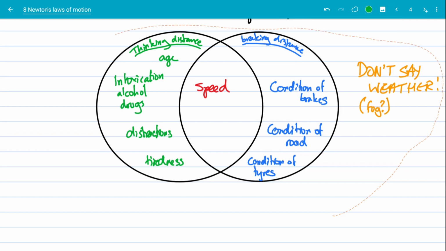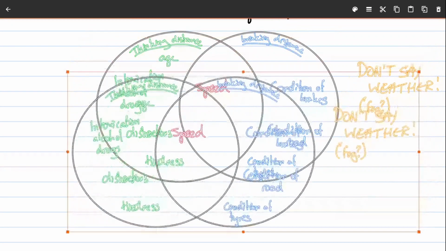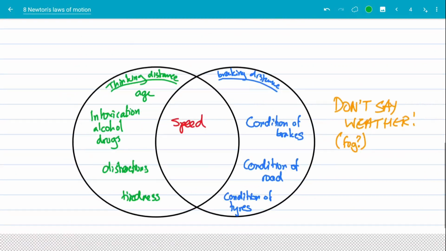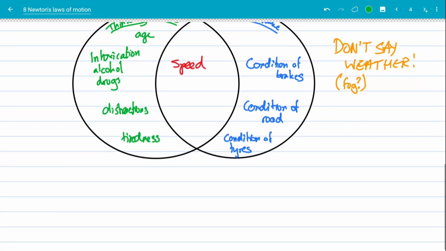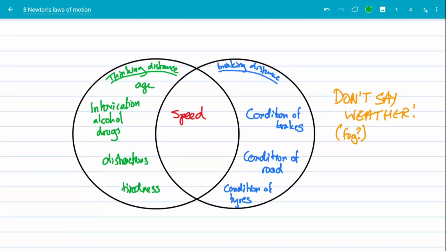So let's just do this. Move it down to here so it's a bit more spaced out. We do also have to be careful of when we're applying the brakes. If we don't have ABS, we don't want to lock the brakes. So what do I mean by that? Well, you've got the brake pad and the brake disc, which have big areas in contact with each other, which increases that force of friction, transferring energy from the kinetic energy store of the vehicle into the thermal energy store of the brake pads and the brake discs.